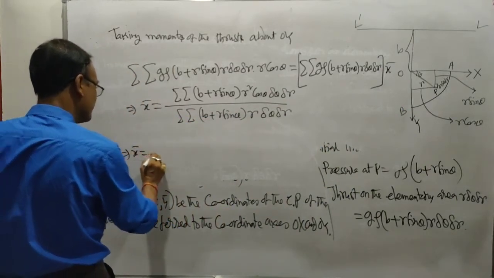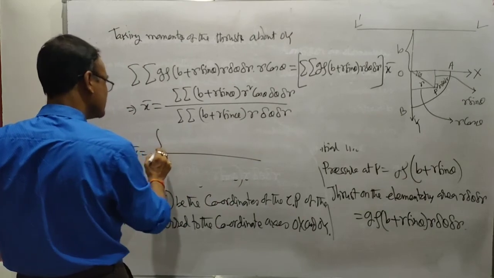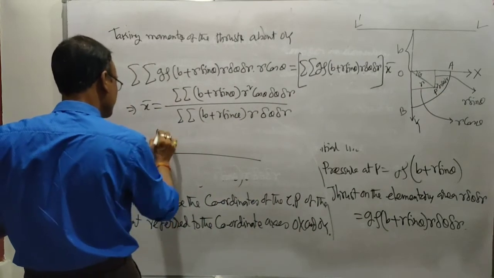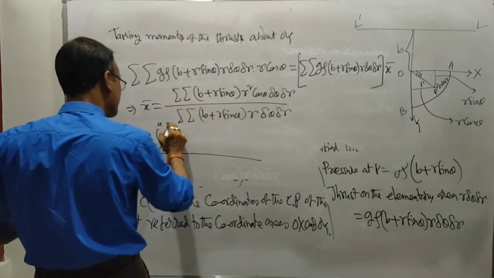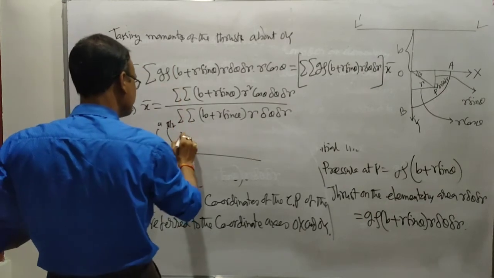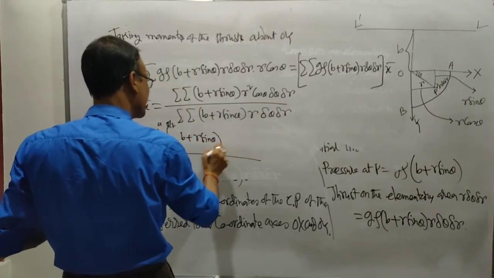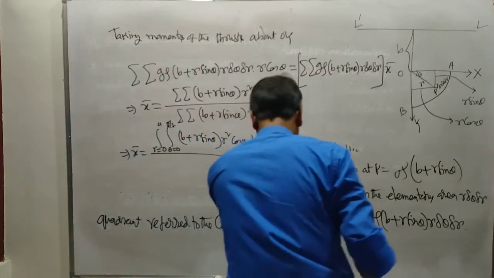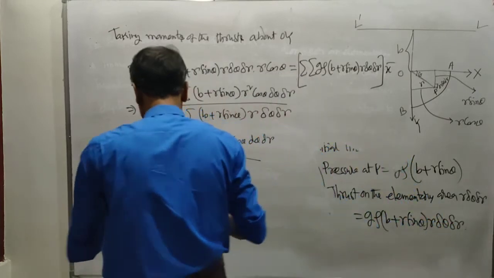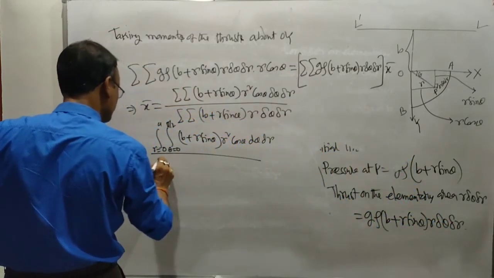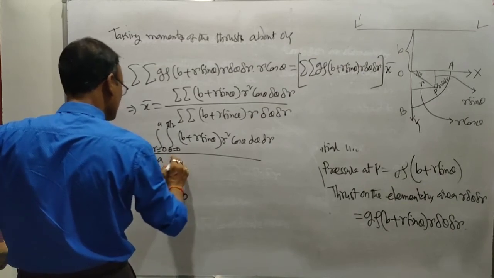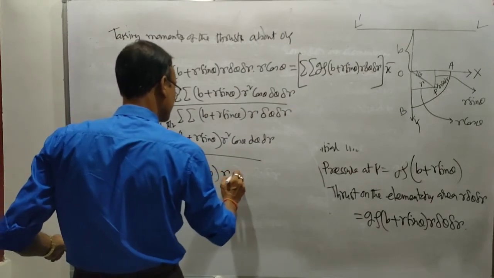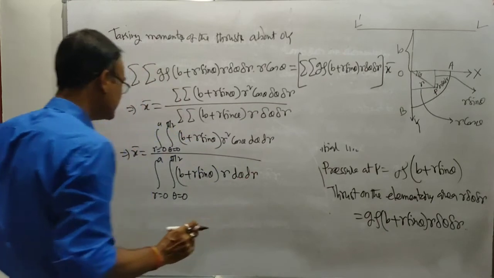This means x bar equals integration r equals 0 to a, theta equals 0 to pi by 2, b plus r sin theta into r square cos theta d theta dr, over integration r equals 0 to a, theta equals 0 to pi by 2, b plus r sin theta into r d theta dr.